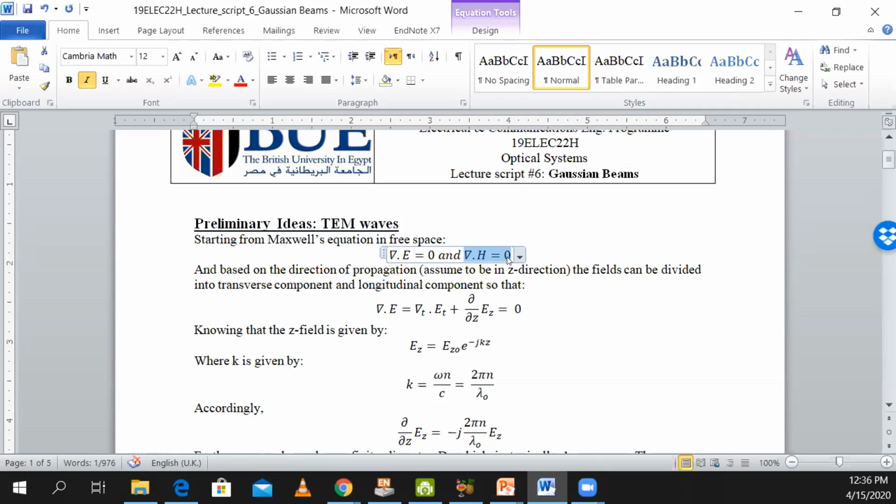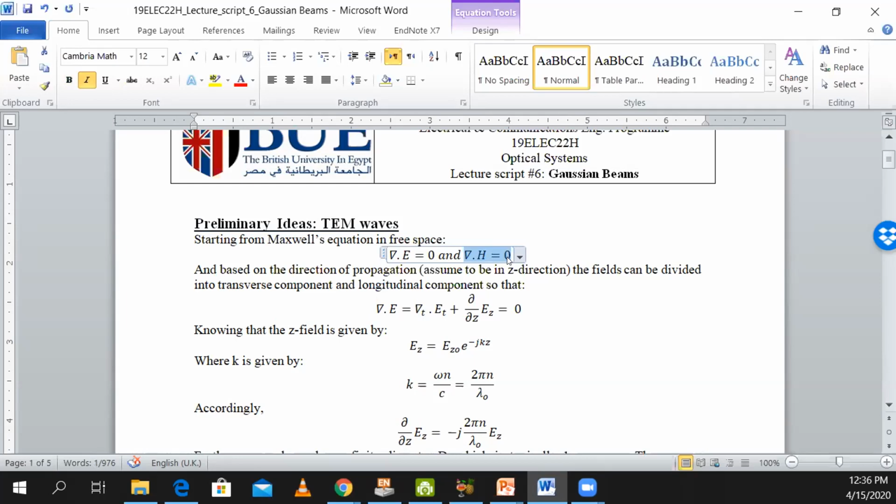In the basic optics books, for example Max Born, a book published in 1923, a 100-year-old book, they call this a quasi-TEM wave.